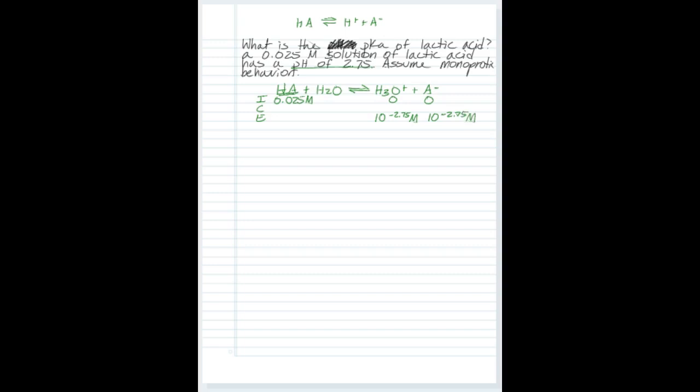That means that we have added this amount, so we can put that in the change row. We've added it to 0, and we've subtracted it from our initial concentration of HA, because it's a 1-to-1 stoichiometry. So we're effectively subtracting this 10 to the negative 2.75 from our 0.025 initial concentration.